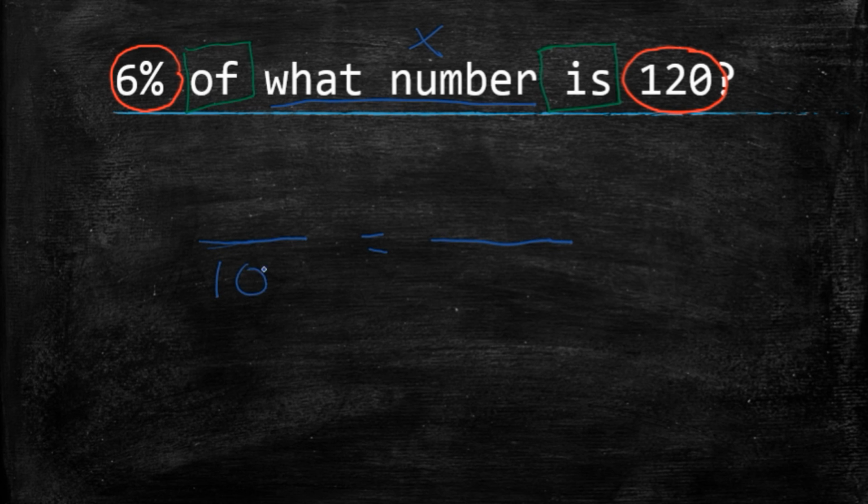And we know that we need 100 there. We know that we have 6% of what number, so we know that our variable goes there. And that finally our "is" is 120. And I do want to go ahead and make sure that I write "is" and "of" for you there.